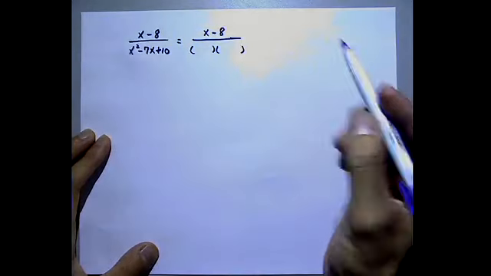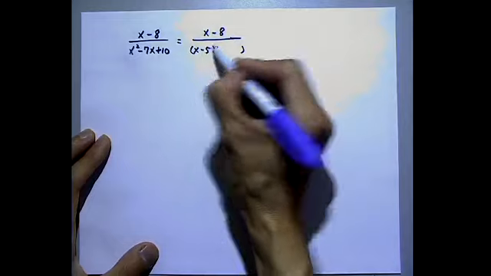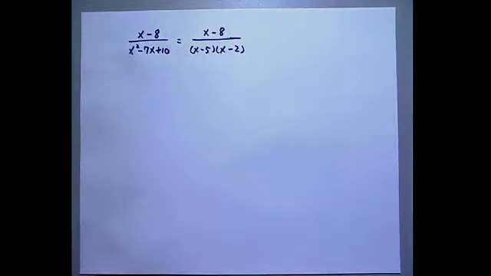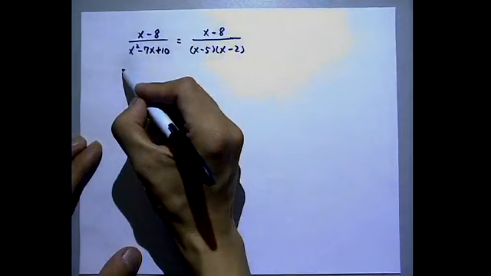We can break that down into x minus 5 and x minus 2. And this is the first case, the simplest of all these cases. We'll call that case 1.